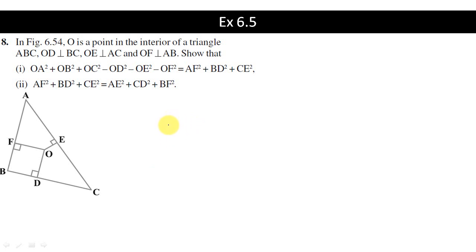OD is perpendicular to BC, OE is perpendicular to AC, and OF is perpendicular to AB. And we need to prove that OA square plus OB square plus OC square minus OD square minus OE square minus OF square will be equal to AF square plus BD square plus CE square.